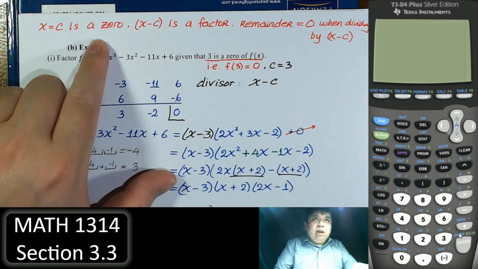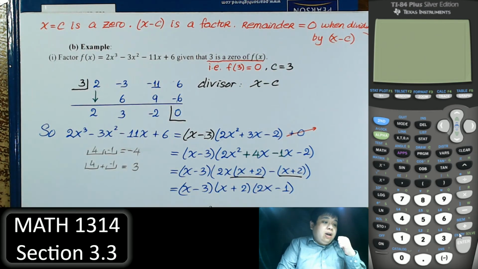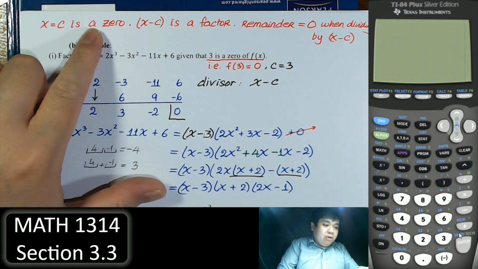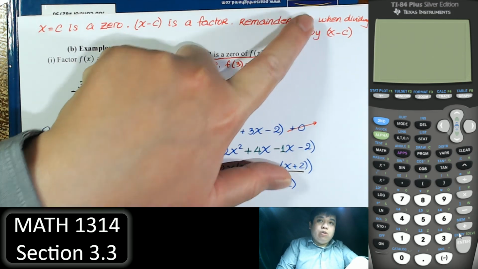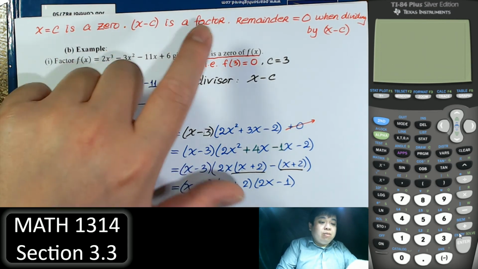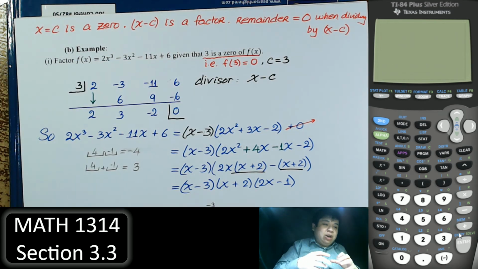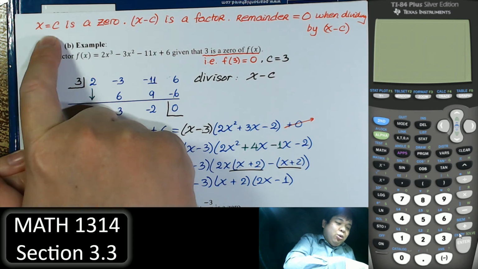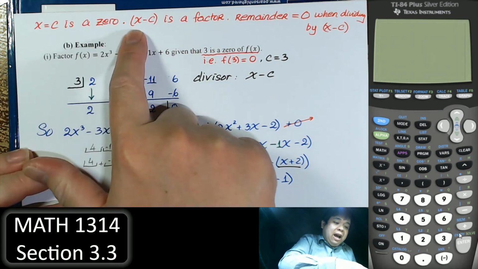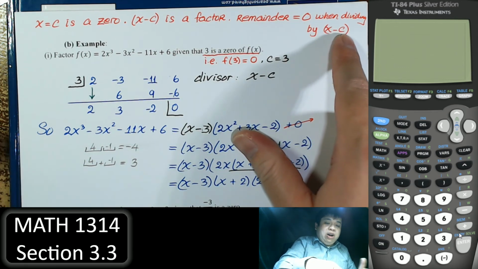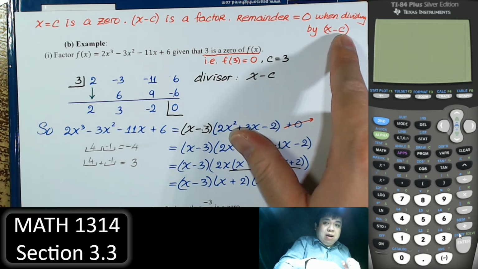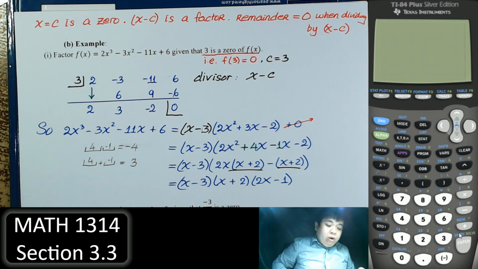So those three things are equivalent. x equal to c is a 0. X minus c is a factor, and the remainder is equal to 0. So that is the factor theorem and remainder theorem, all tied together. x equal to c is a 0, x minus c is a factor, and the remainder is equal to 0 when dividing by x minus c. Those three things are equivalent.